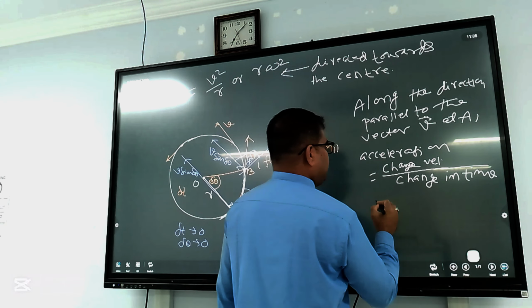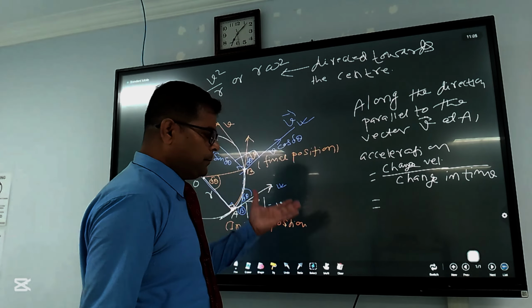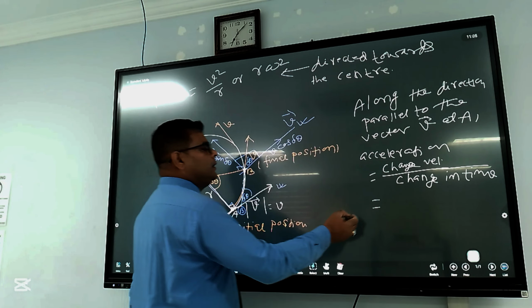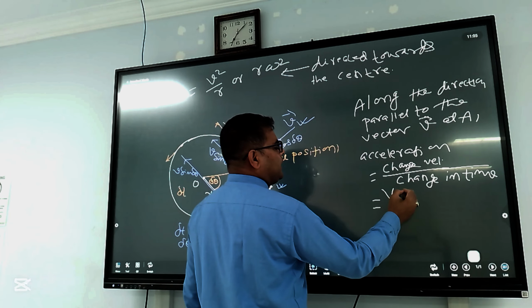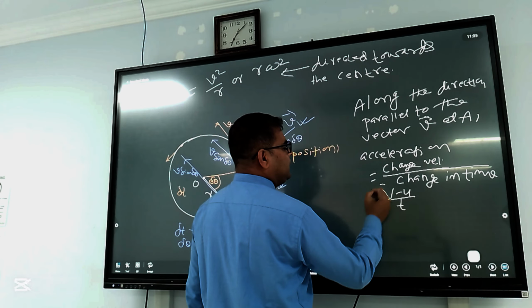So here, the change in velocity means definitely we will think of the difference of final velocity and the initial velocity, divided by time in general.